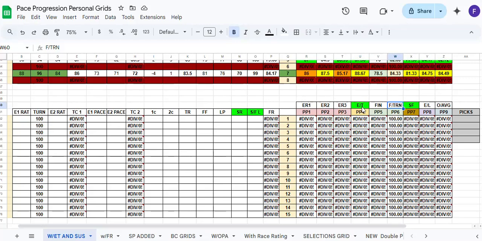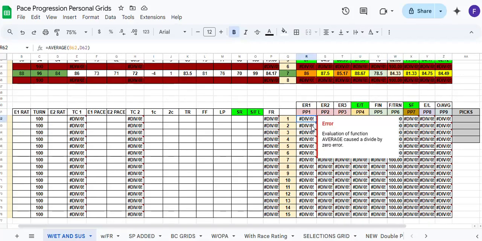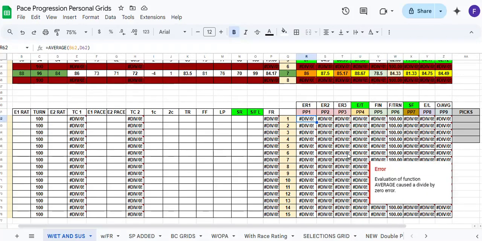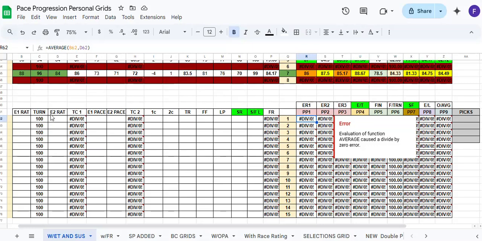Now I actually have it mixed in as well with the early. So what this column here does is it averages the 3 early measurements, 1, 2, 3, and the turn, and it comes up with an early/turn rating.